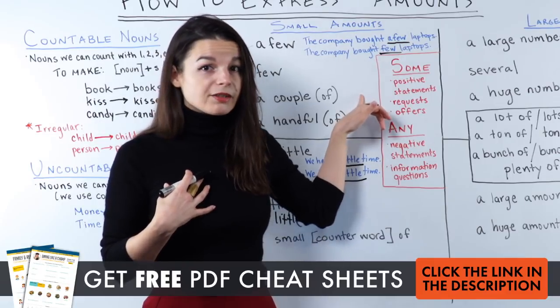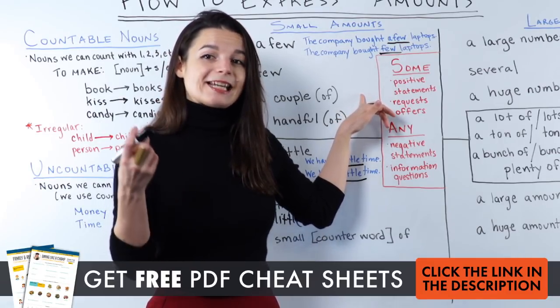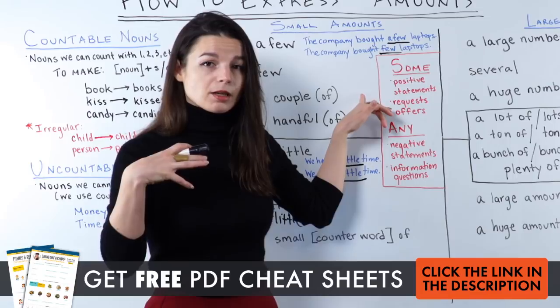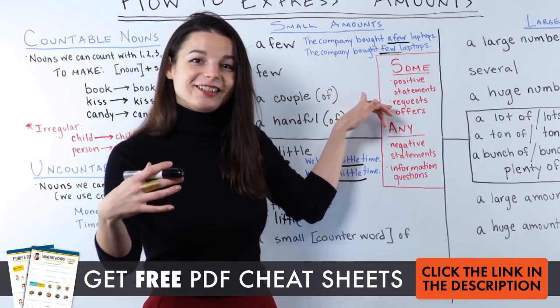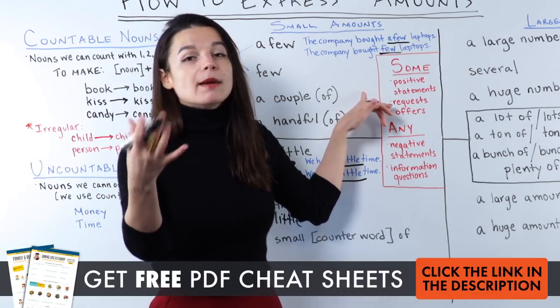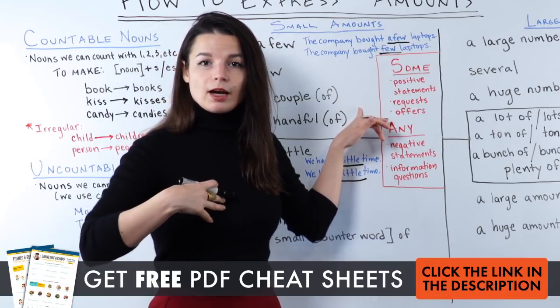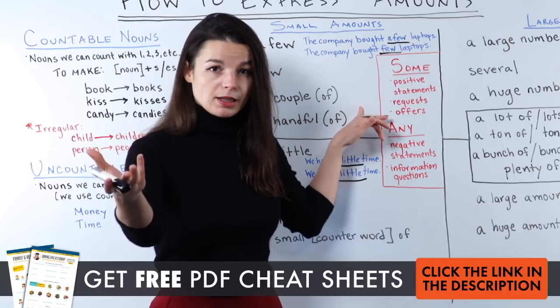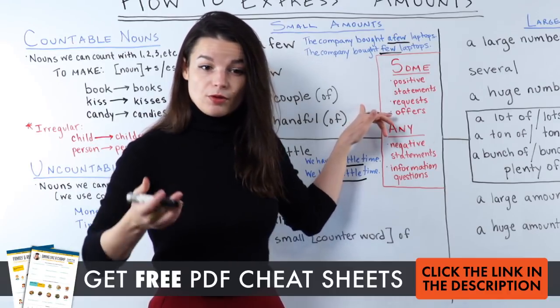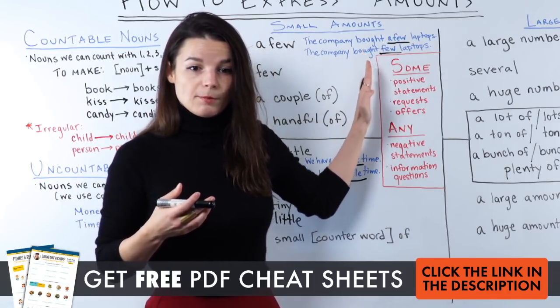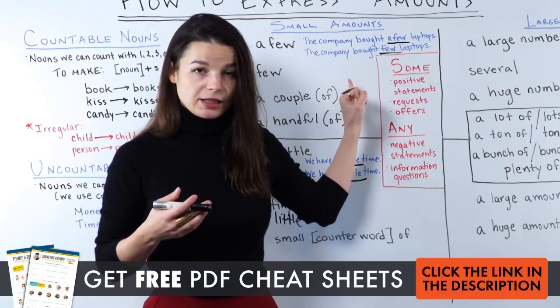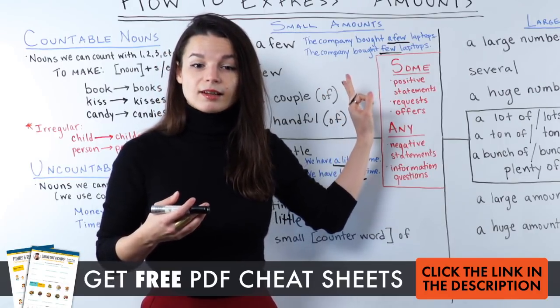A request, for example, is like, will you please give me some money? So we can use it to make a request, and we can also use it to make an offer. Like, would you like some cake, for example? That's an offer. We use some in these cases: positive statements, requests, and offers.